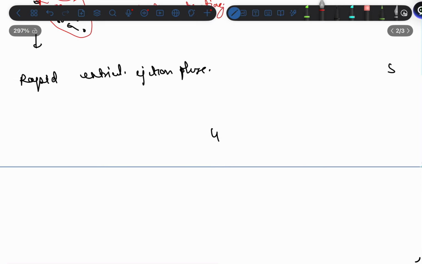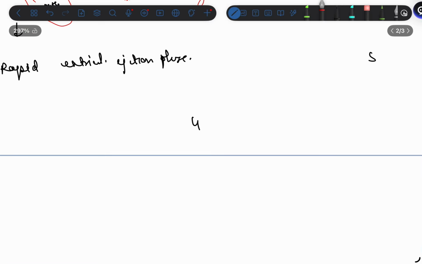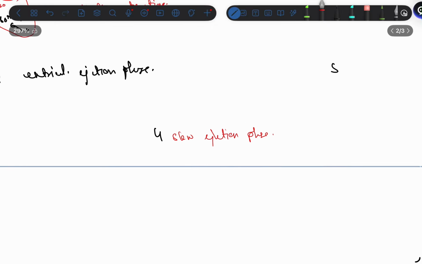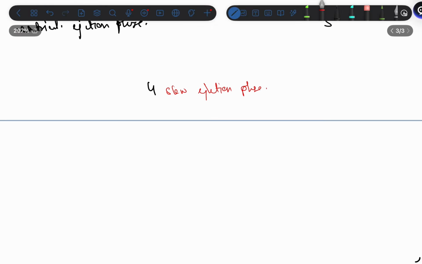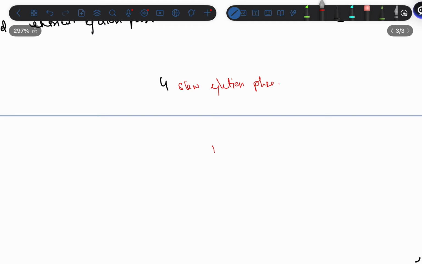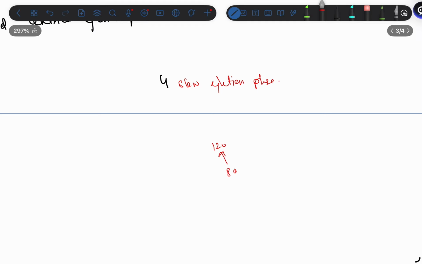So now the fourth phase is the slow ejection phase. Why is this the slow ejection phase? Because in this, the pressure which rose from 80 to 120 declines from 120 to 80 and then 0.